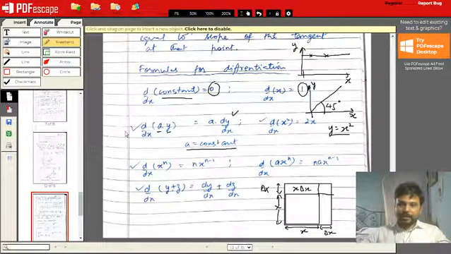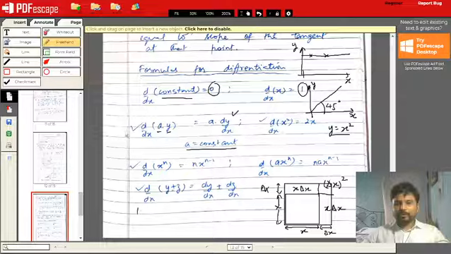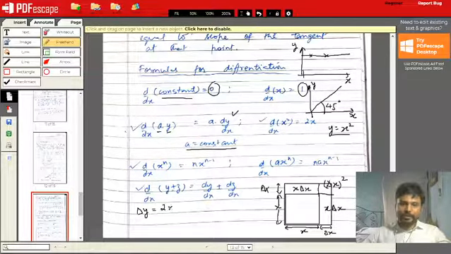This is x, this is delta x, this is also x delta x. And this is delta x square. If we were to find the change in area, it would be these new areas which are developed. The new areas are 2x delta x plus delta x square.